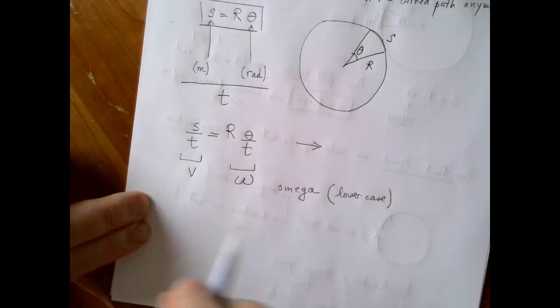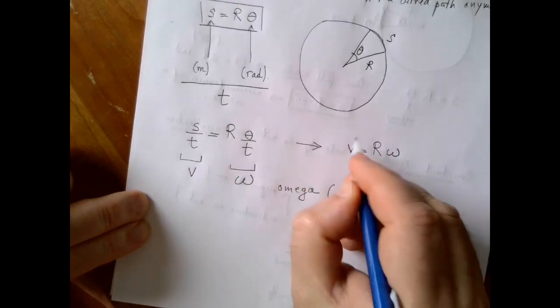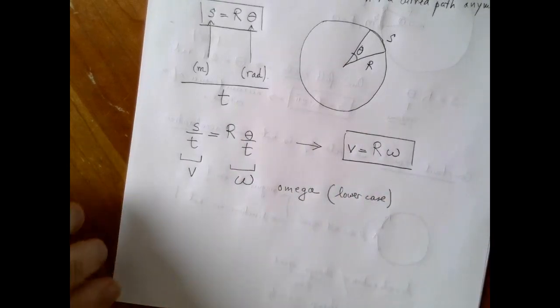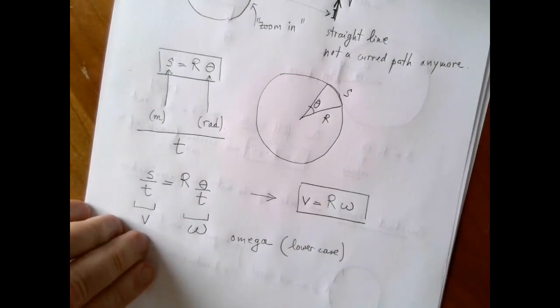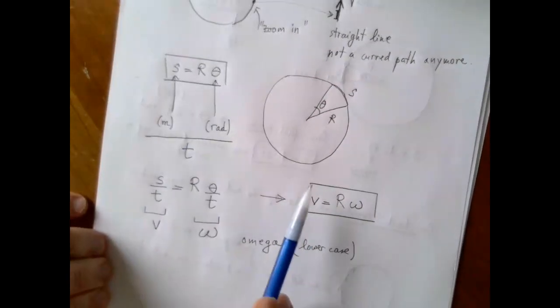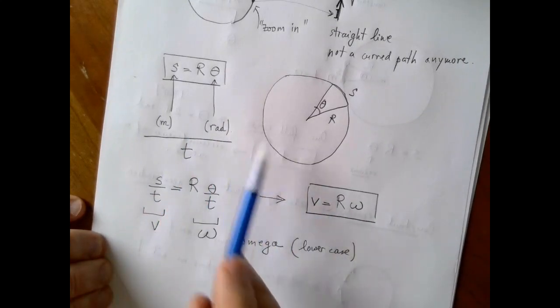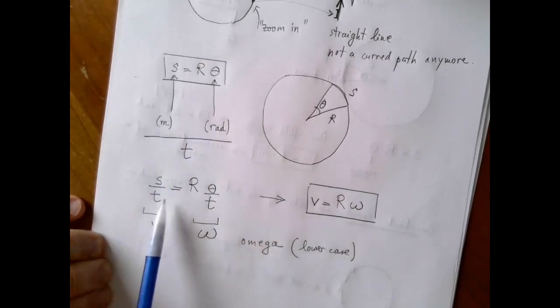That means we have a second expression, v is equal to r multiplied by omega. The two expressions, s equals r multiplied by theta, and v is equal to r multiplied by omega, are obviously related to each other. We obtain the second one from the first one simply by dividing by time.